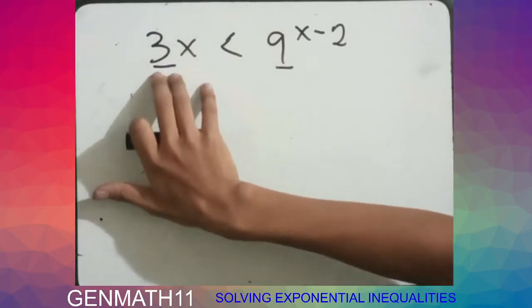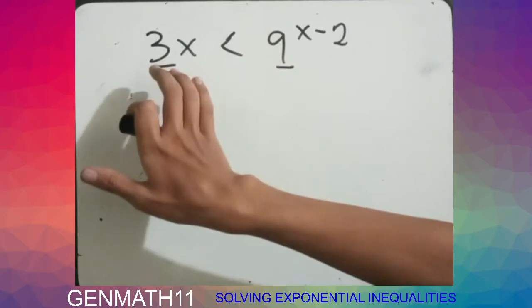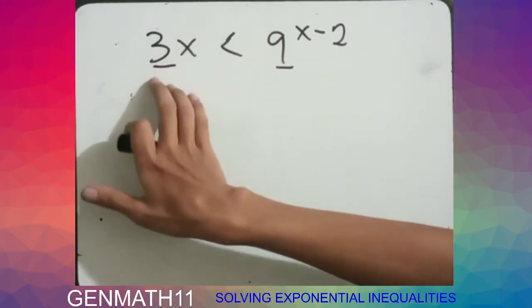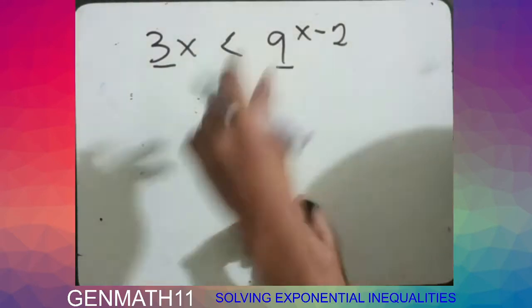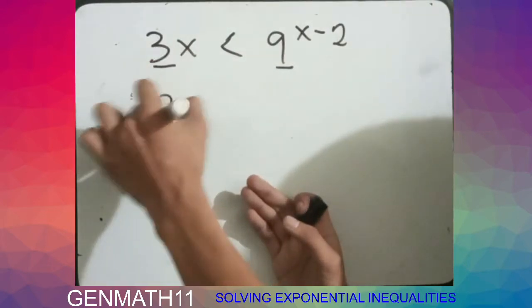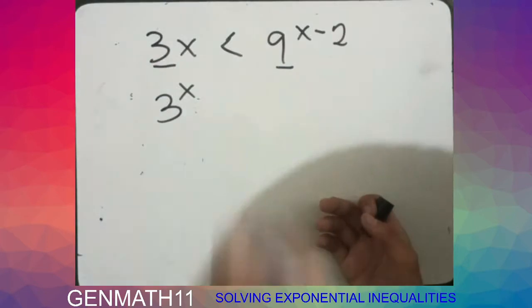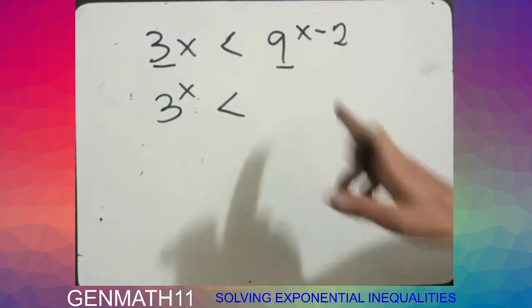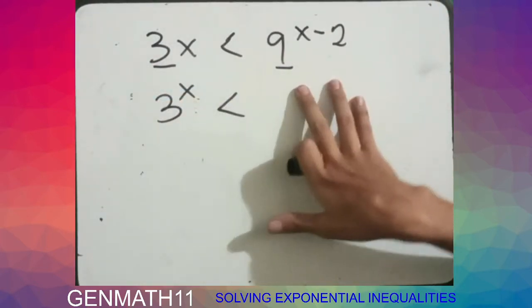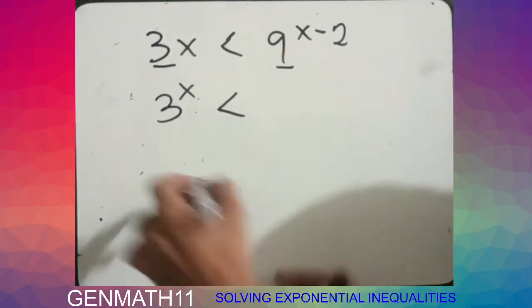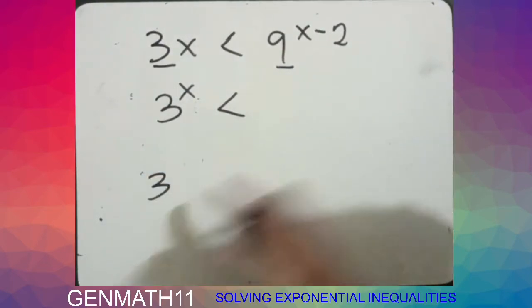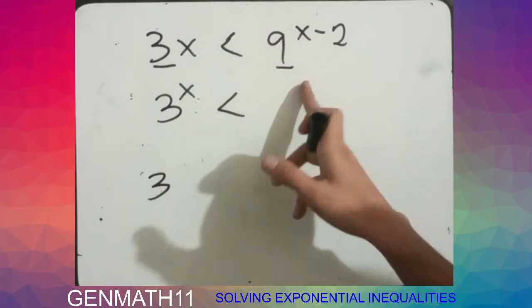So, dapat si 9, 3 din, kasi si 3 ay sagad na. Automatic yung base natin ay 3. Okay? 3 to the x power. Next, less than 9. Ano equivalent niya kapag ang base natin ay 3, then lalagyan natin siya ng exponent para maging 9 siya.